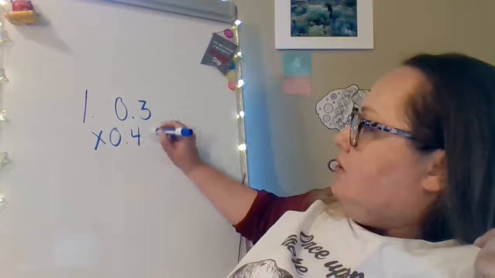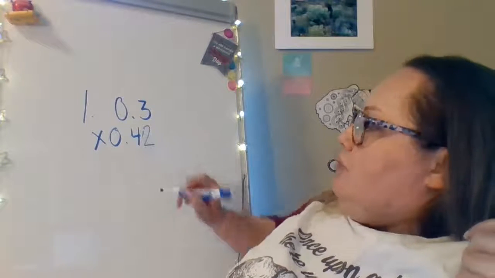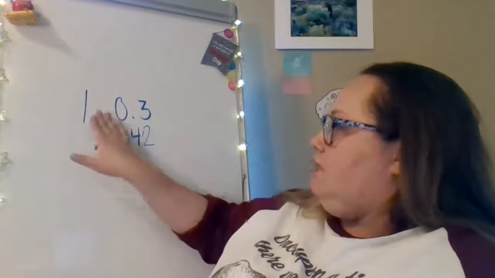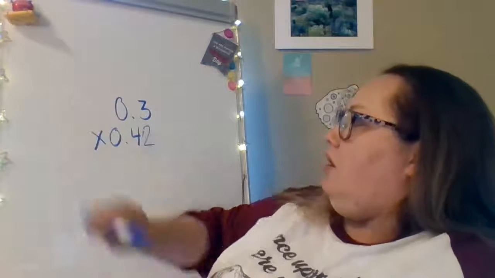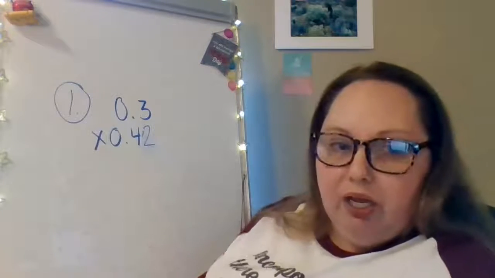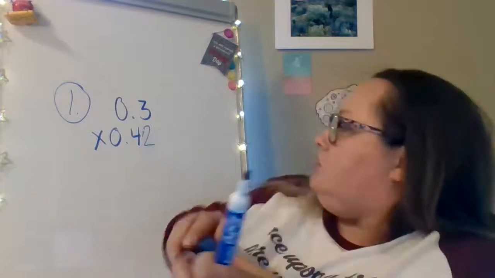When we're multiplying decimals, you do not need to line them up. So I'm actually going to switch these because I really want to have the longer number on the top. I'm going to erase these really fast and switch them.